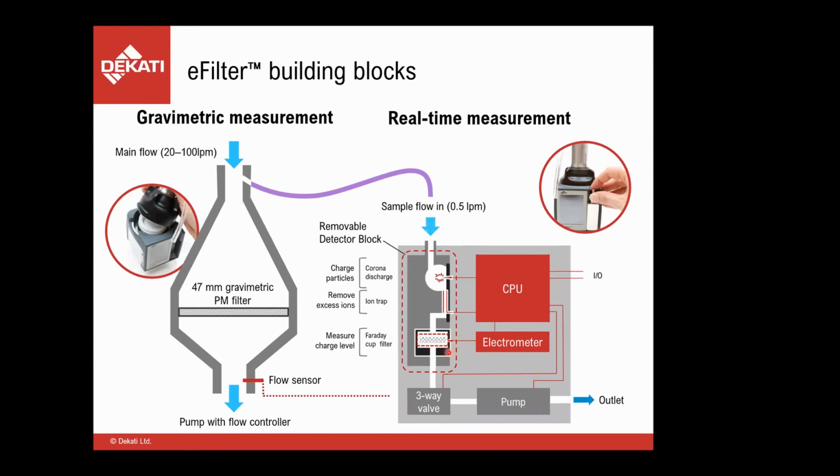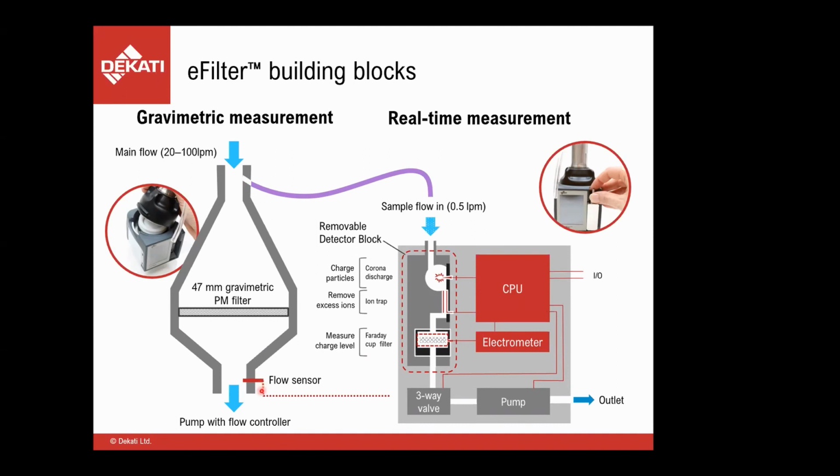There's also some features like a flow sensor, so you can set the E-filter into an automatic mode where the real-time measurement starts when the pump starts to pull the main flow through the gravimetric filter, and when the pump stops, then the measurement stops automatically.